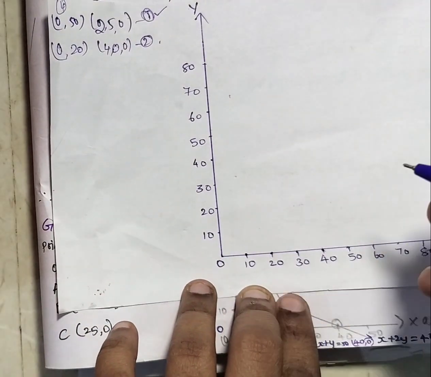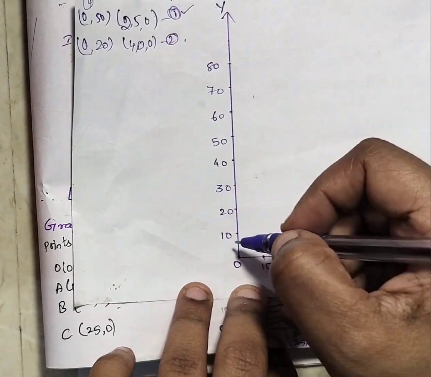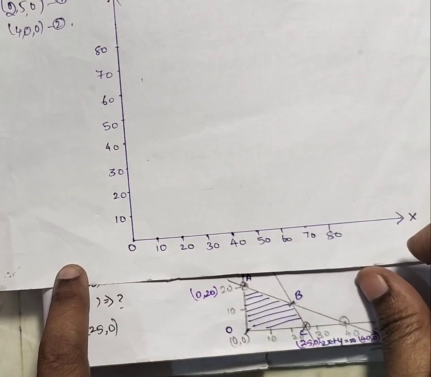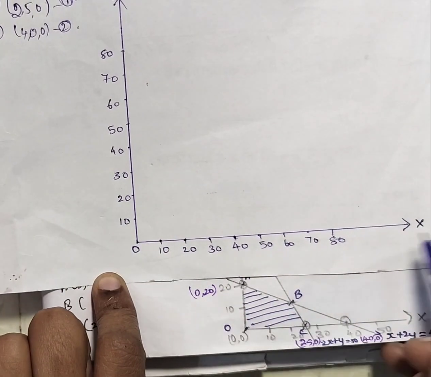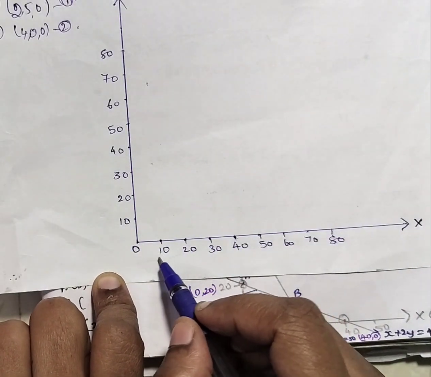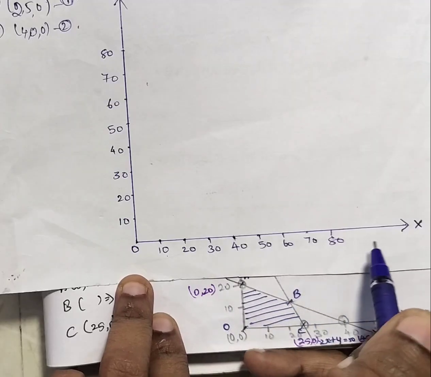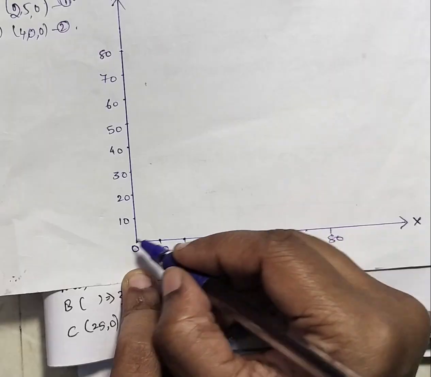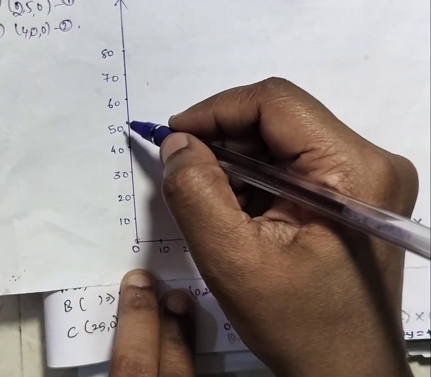First one is x is equal to 0, y is equal to 50. This is our x axis and y axis. For a graph, we draw the x axis and y axis, and mark 10, 20, 30, 40, 50 like that. From those marks, x is equal to 0, y is equal to 50 is our first point.